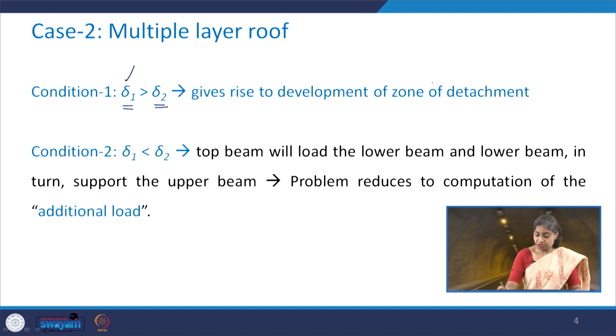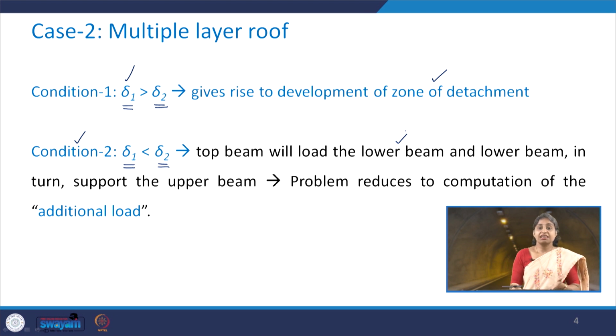This gives rise to the development of a zone of detachment. In condition 2, the deflection of the lower beam is less than the deflection of the upper beam, and therefore the top beam will load the lower beam and the lower beam in turn will support the upper beam.